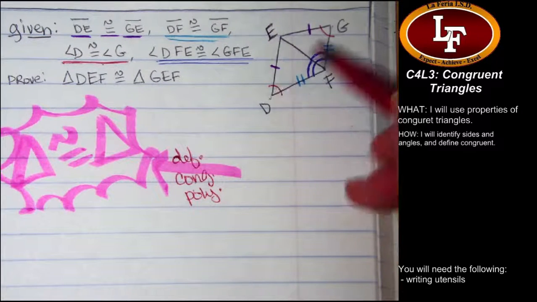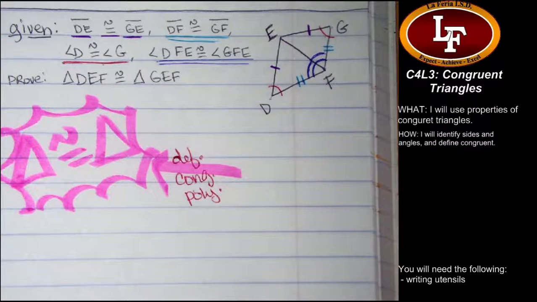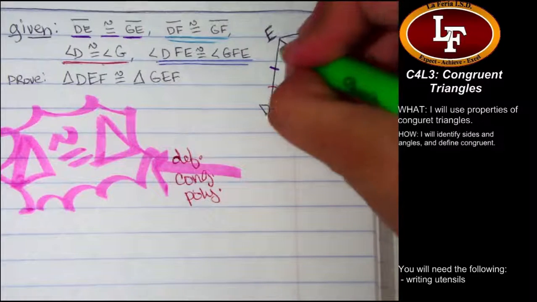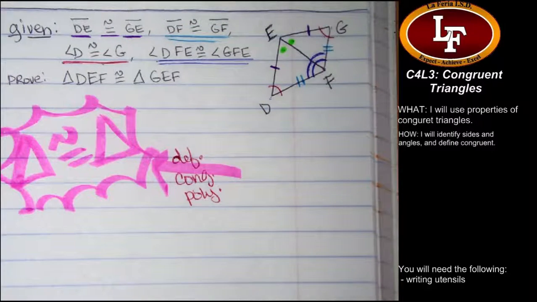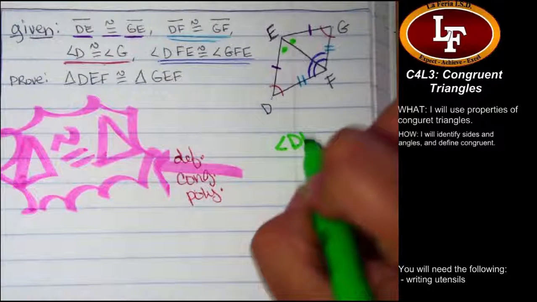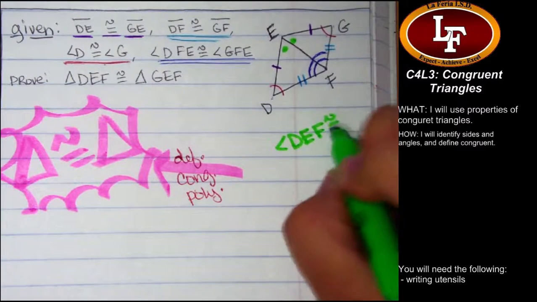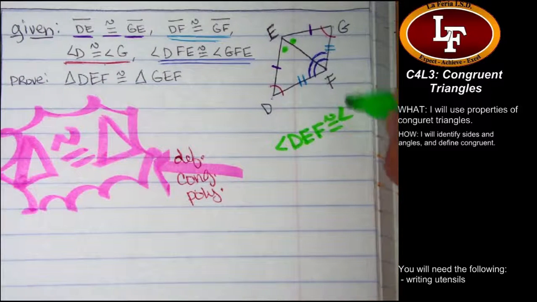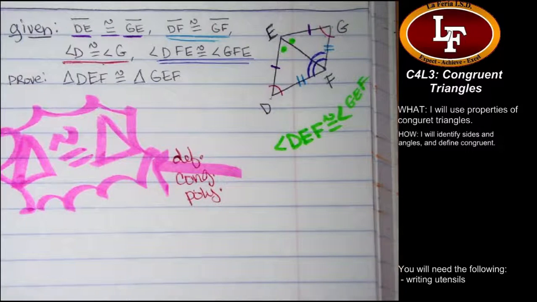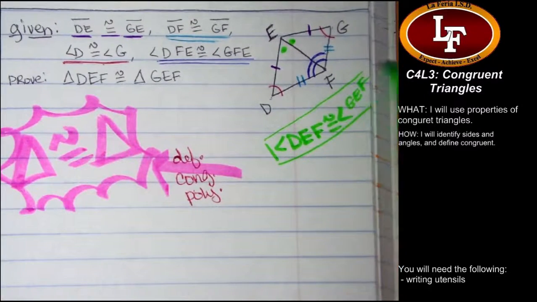I have these two angles and these two angles. I'm really just missing that angle and that angle. So I really need to be able to say that the angle that goes from D through E toward F is congruent to the angle that goes from G through E toward F. The big question is, what do I have in my toolbox that allows me to say that with this setup?